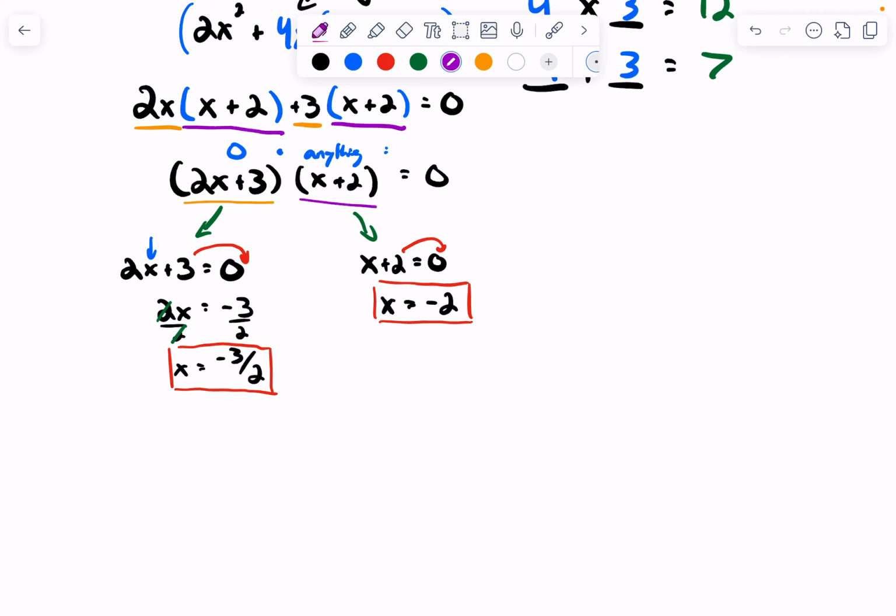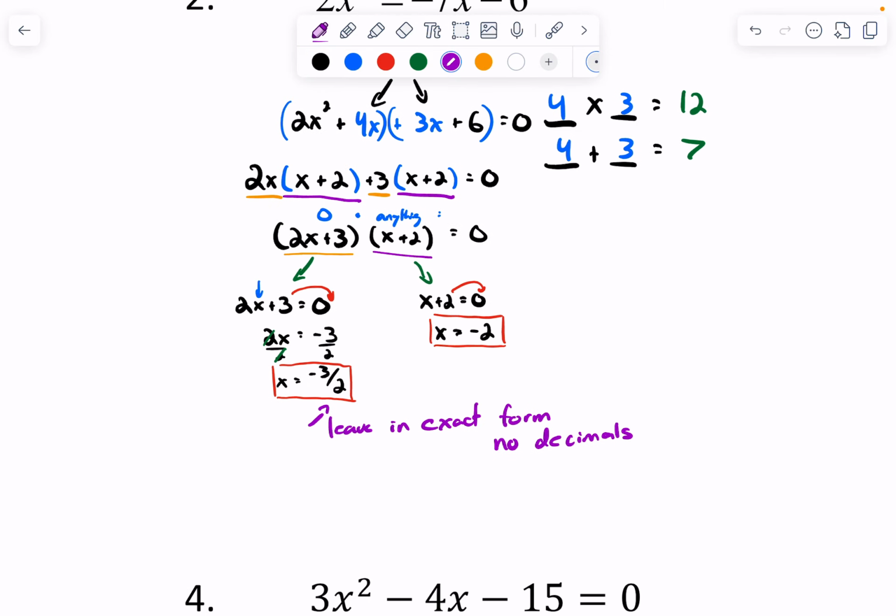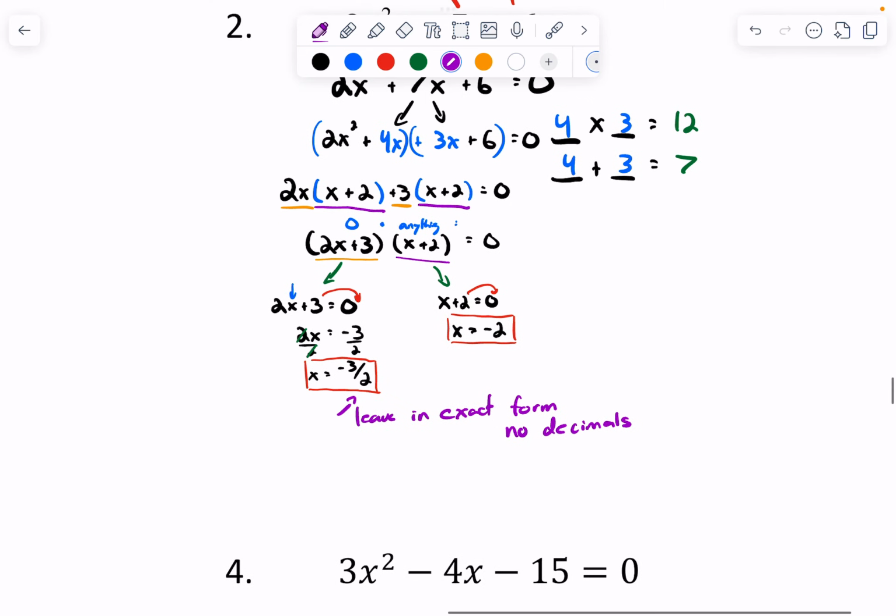And I'm trying to put a note here: leave in exact form, okay? No decimals. Only when you go to graph, put that in a decimal. But leave your answer like that. So negative 3/2. Do not put negative 1.5.